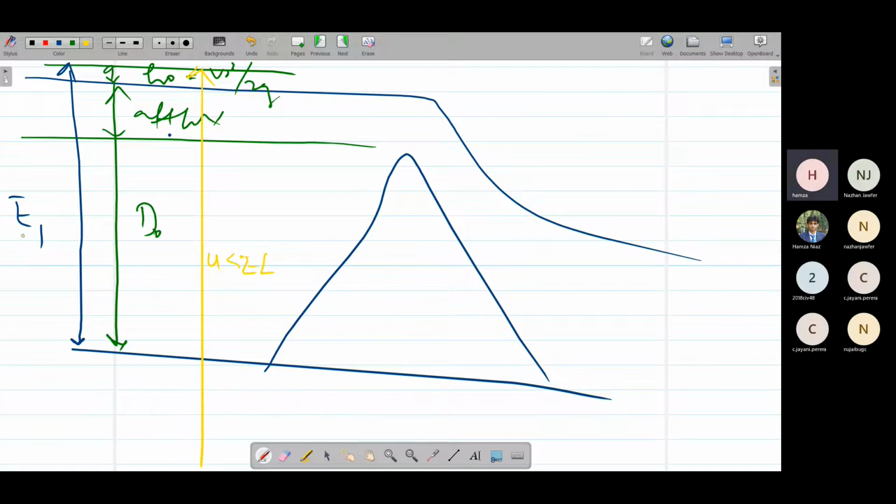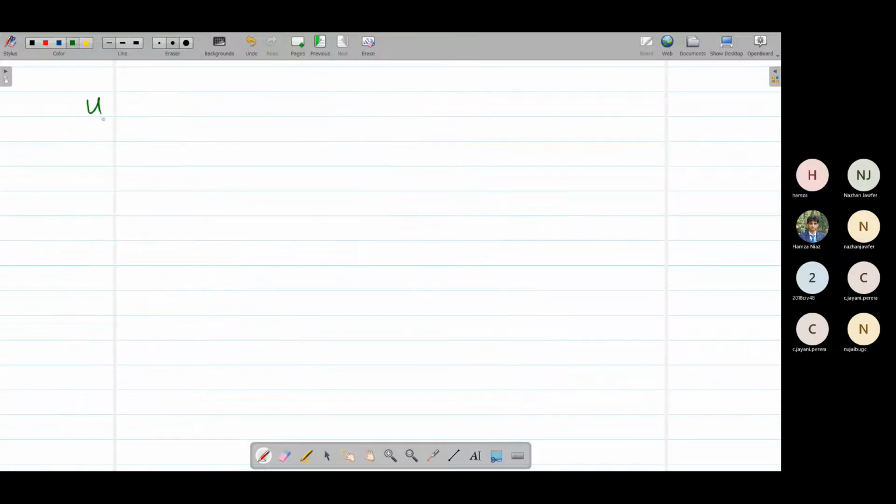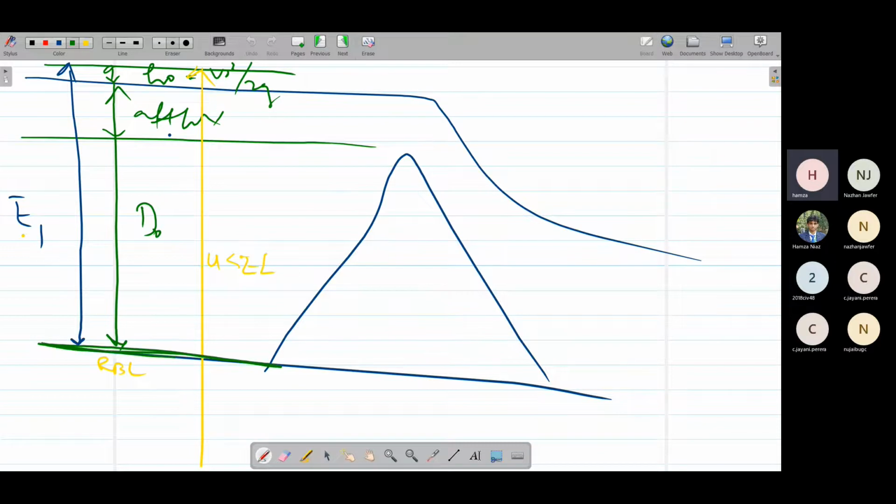So that would be E1 plus river bed level. If we simply add E1 with the river bed level, we'll get this upstream energy level. So upstream energy level is equal to E1 plus RBL. We know up till this portion, this is RBL, and above it, this is E1.